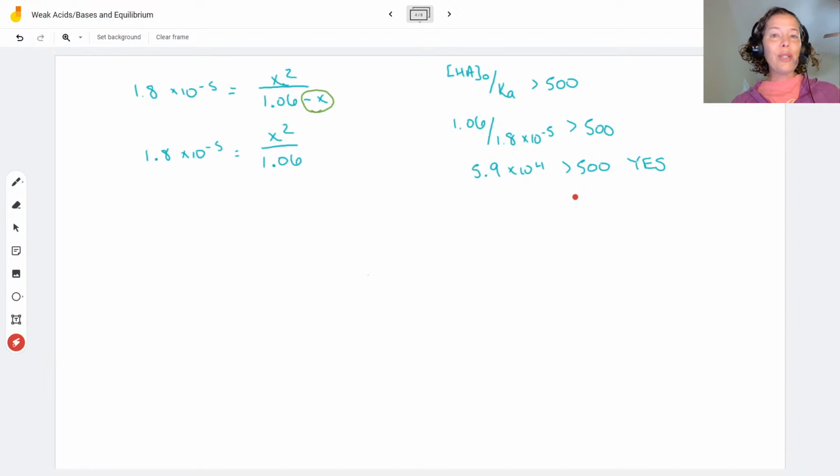They're pretty simple. They don't take a lot of time. And then you can be sure moving forward that, yeah, you can drop that minus x, or no, you can't drop that minus x. Oh, anything less than 10 to the negative fourth. Yeah, alongside the 5% rule. And once we solve for x, we're going to go through the 5% rule too. So I show both this initial rule that you can apply before you have solved for x, just to see if you can drop it.